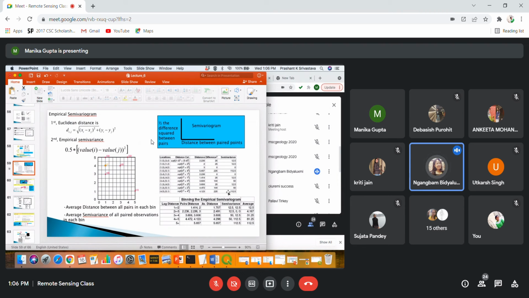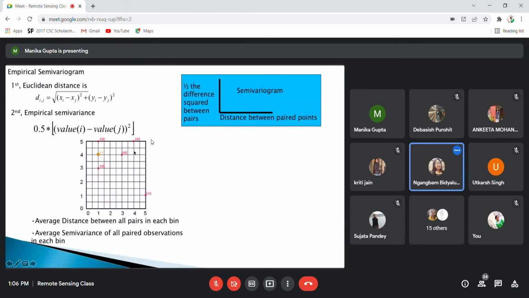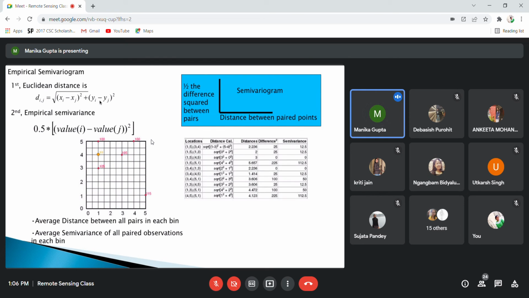Root over x1 minus x2 whole square plus y1 minus y2 whole square. So this is your Euclidean distance formula. Okay. So what we have to do is, when we are doing a semi-variogram, we have to calculate the distance for all the points.